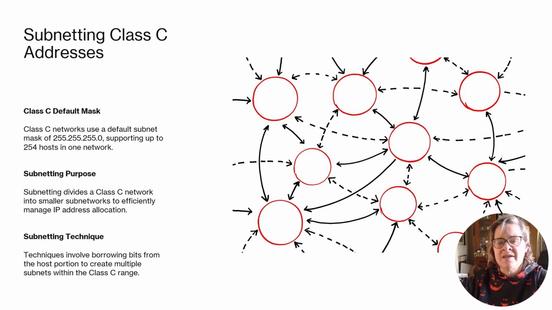At maximum you've got 256, but you have to give 2 for broadcast and loopback. This is what they're talking about with the mask here. This slide demonstrates subnetting techniques for creating multiple subnets within the Class C ranges.